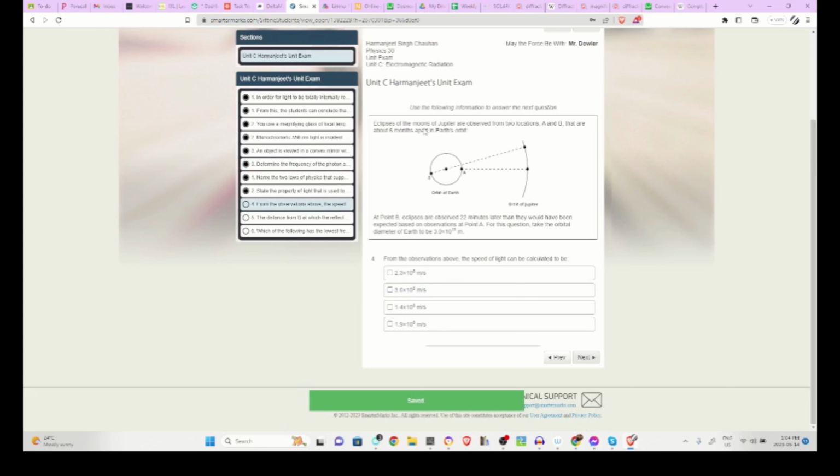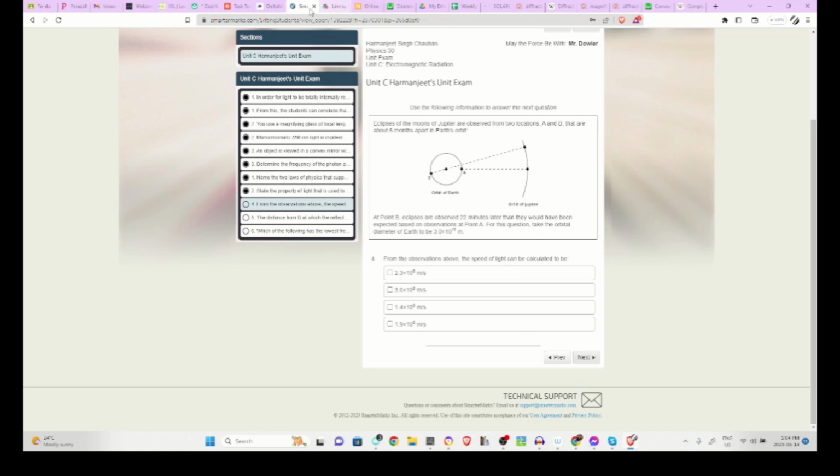All right, eclipses of the moon of Jupiter are observed from 2 locations, A and B, that are about 6 months apart. At point B, eclipses are observed 22 minutes later than they would have been expected based on observations at point A. So we have the orbital diameter of the Earth. So the difference between these 2 points, which are roughly 1 diameter apart, takes 22 minutes for light to travel that far.